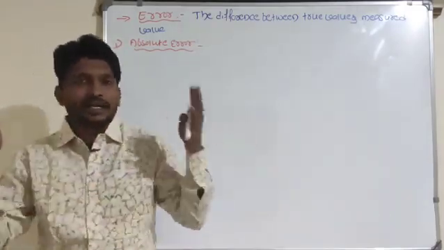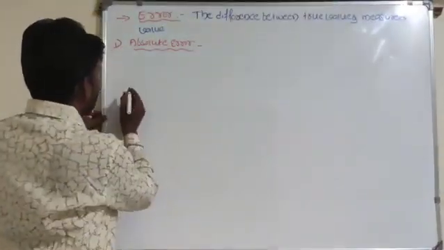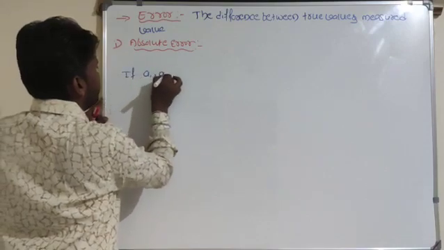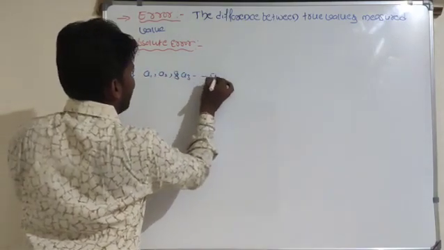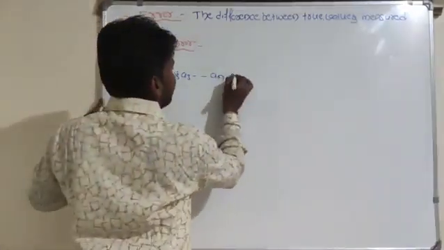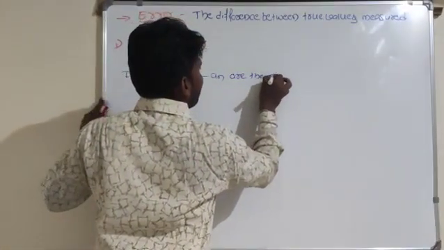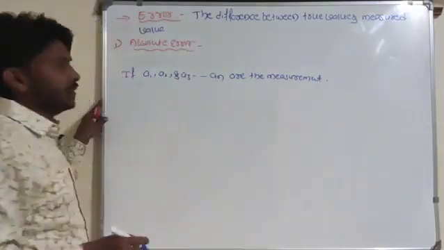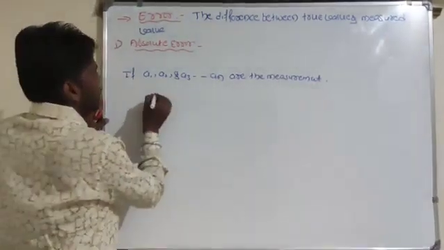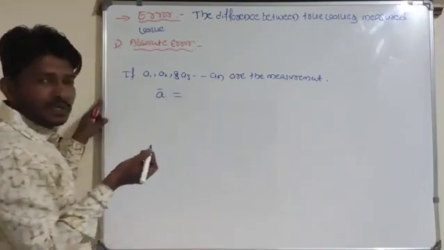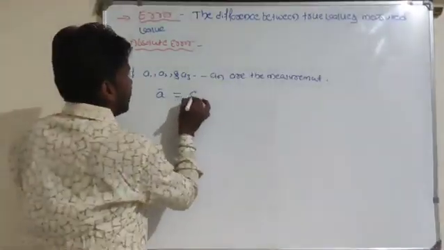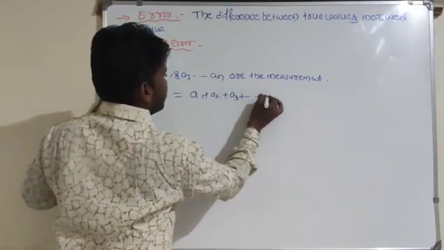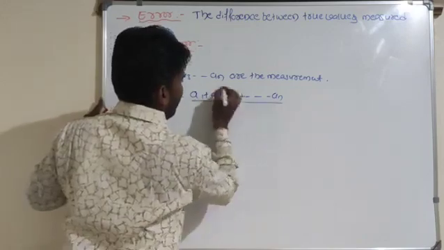If I measure n times here, A1, A2, and A3 so on up to An are the measurements here. Now I want to take the average value or mean value. A bar is the mean value. How to find the mean or average value? A1 plus A2 plus A3 so on up to An, divided by how many trials you have done.